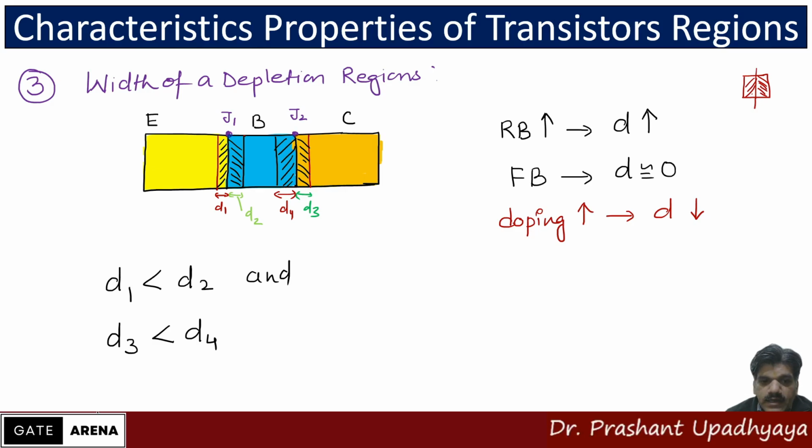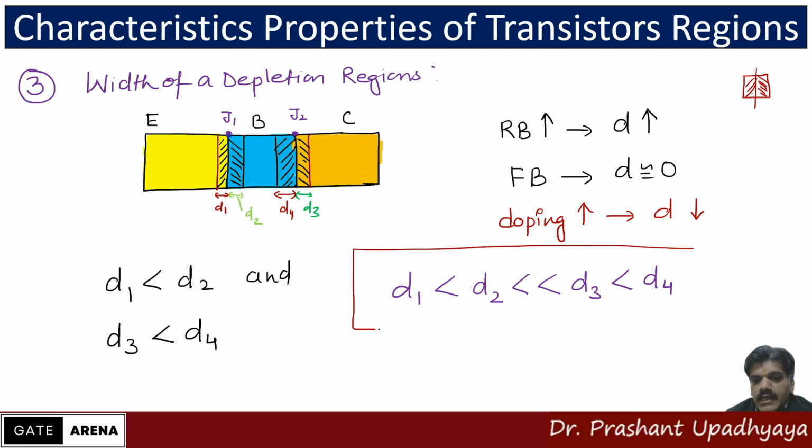So here what we can write is that D1 is less than D2, D1 and D2 are much less than D3, and D3 is less than D4. This is one of the important properties of the width of a depletion region.